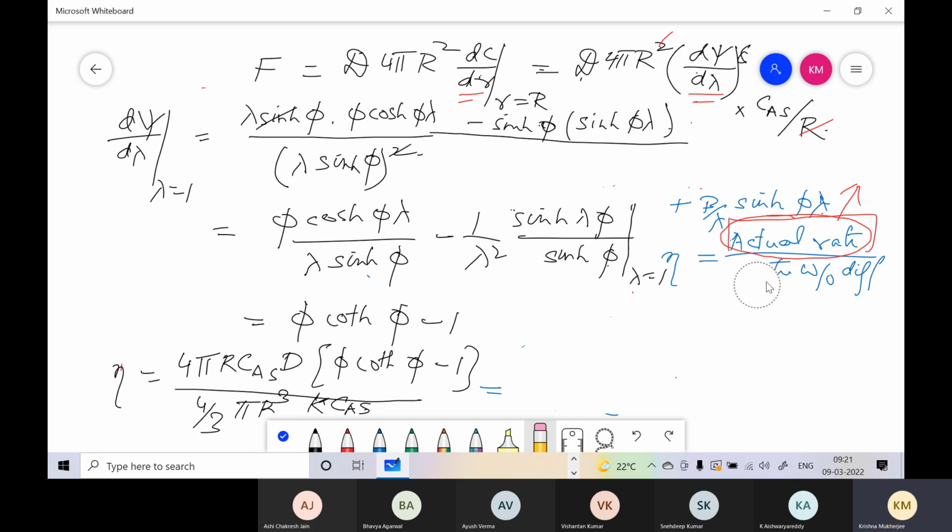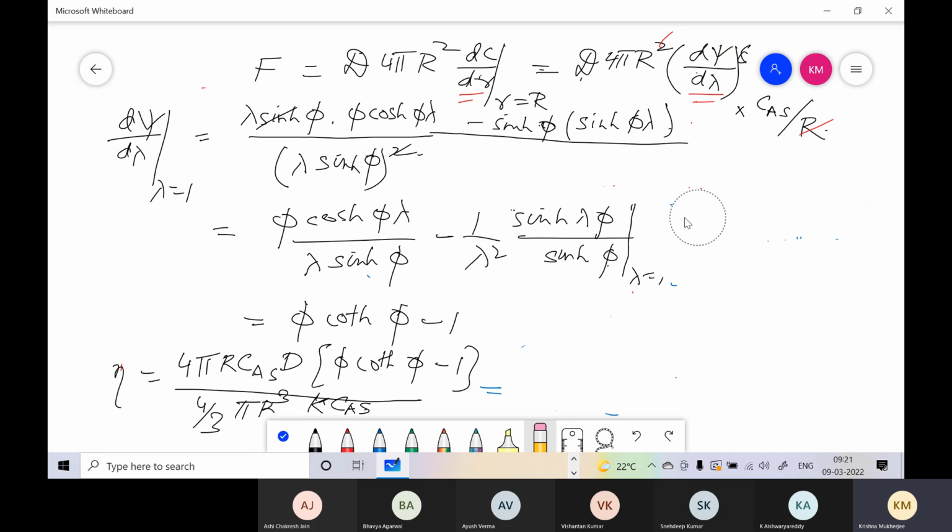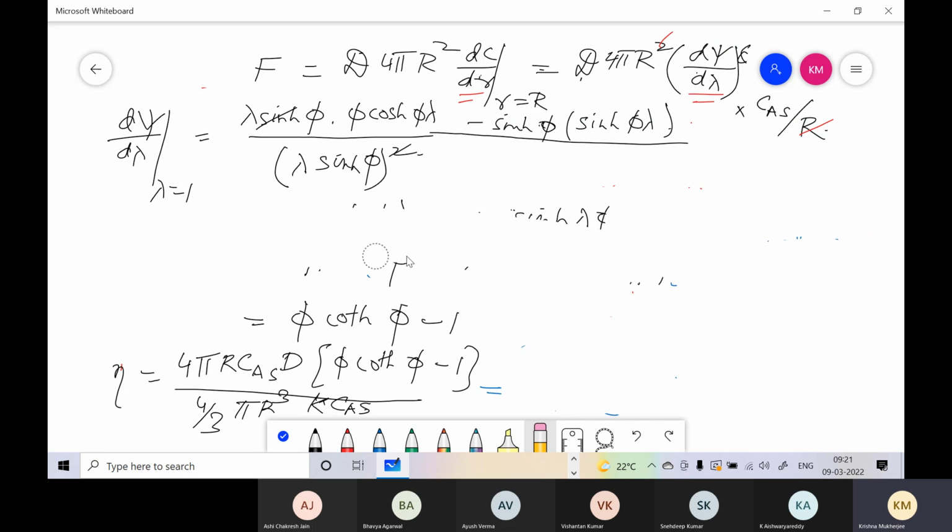So let us simplify this. So this is d phi by d lambda, and this is this. And so we get phi equal to efficiency is equal to 4 pi r.